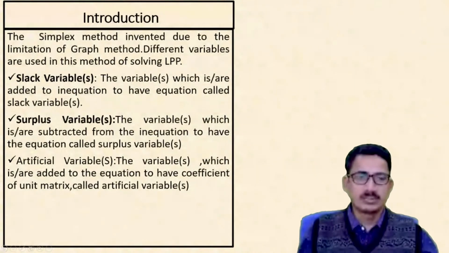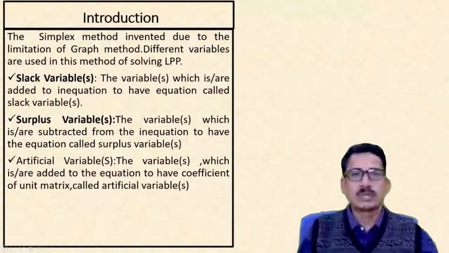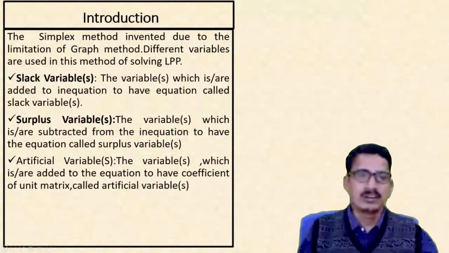But as you know, all these points are taken in the first quadrant. Why? Because we have three parts in LPP: objective function, subject to constraints, and non-negative constraints. The non-negative constraint always says the value of the variable should be either positive or zero. Positive or zero means you always have to take the first quadrant. You cannot take other quadrants.